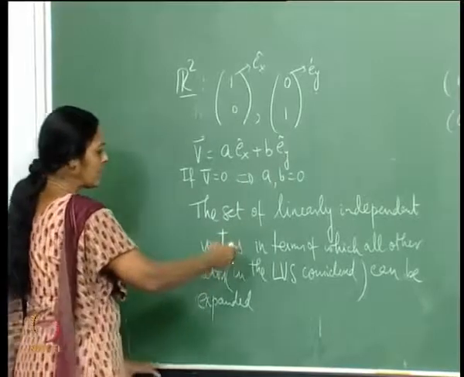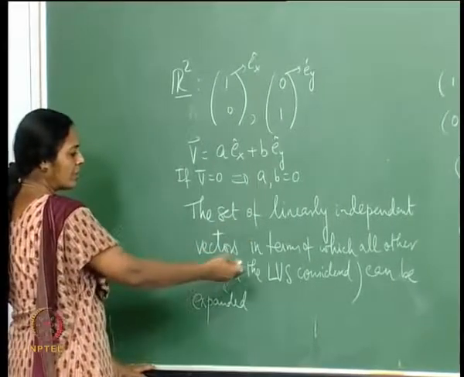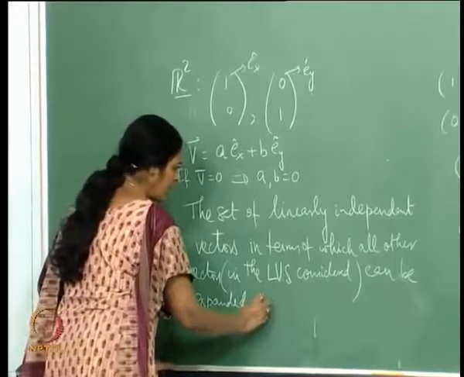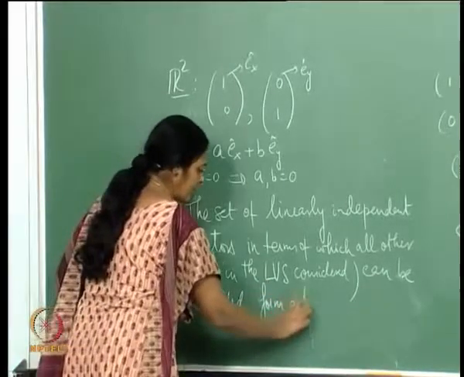The set of linearly independent vectors in terms of which all other vectors in the LVS can be expanded form a basis set.